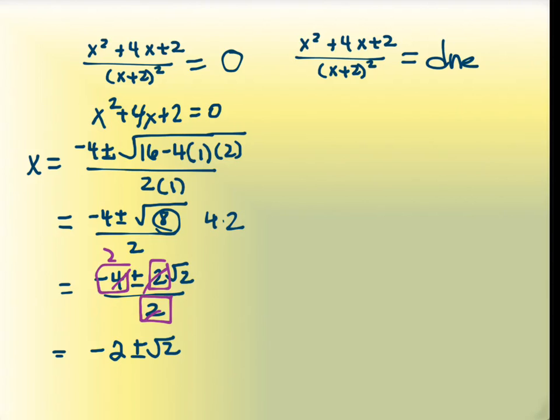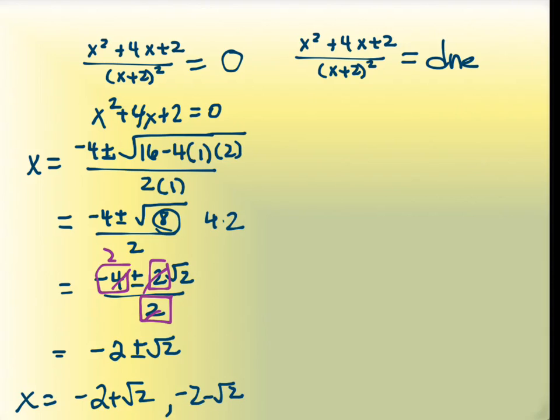But it's actually, is it 2 values? It is 2 values, yes. So you have negative 2 plus the square root of 2, and you have negative 2 minus the square root of 2. You're exactly right. That is 2 separate values that we've got in there.